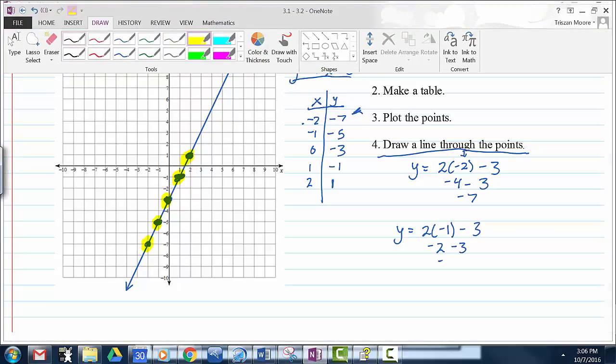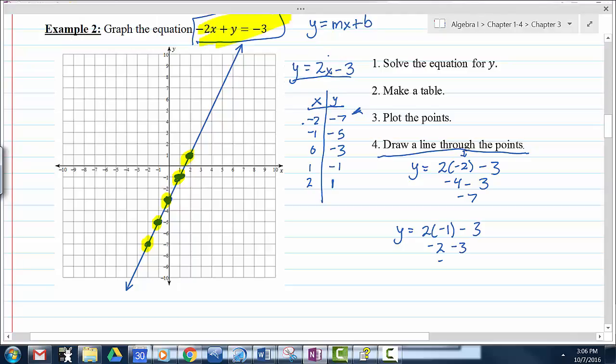Now, if you don't see that, let's say I write the equation over here that we have, negative 2x plus y is equal to negative 3. And I plug in one of those points. Say I plug in the point negative 1, 5. That's negative 2 times negative 1 plus 5. We're going to see if that equals negative 3.